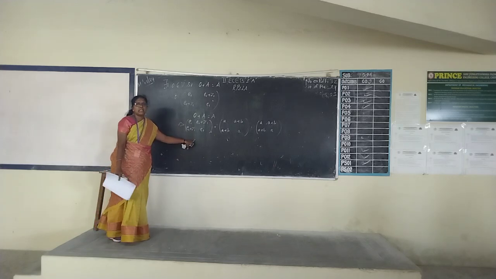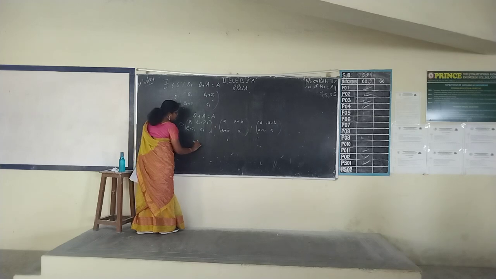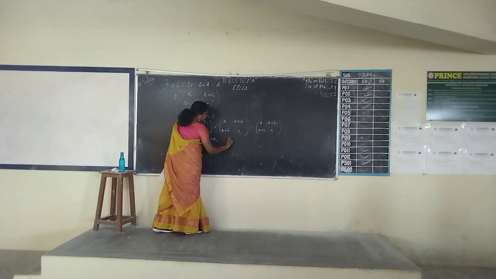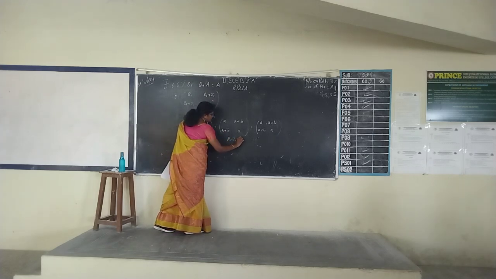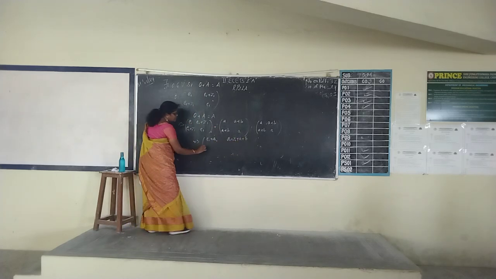So now we will add your LHS. What you will get? E1 plus A. What will be the second element? E1 plus Z1 plus A plus B. What will be the third element?